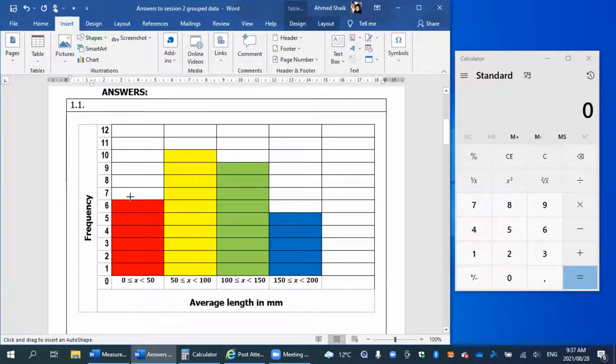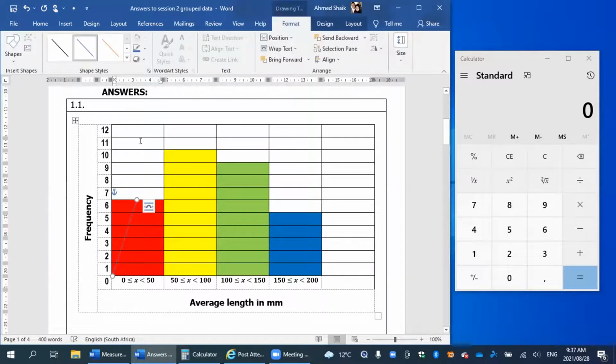So if I'm looking at this, that should be the center of the top. It's going to go till there. Let's make that black so it's easier for us to see.